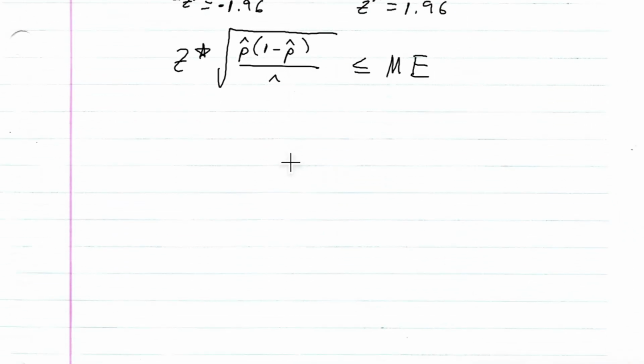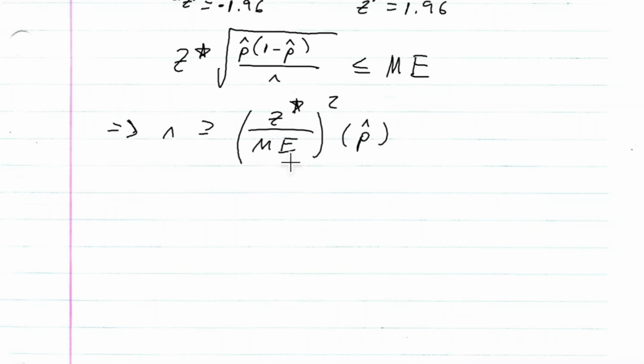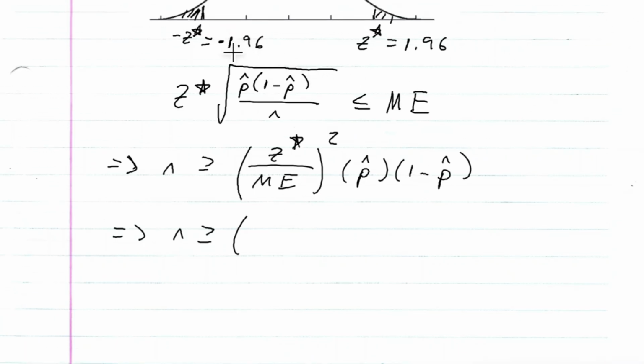So remember, generally, this implies that n has to be bigger than or equal to z star over the maximum margin of error squared times p hat times 1 minus p hat.